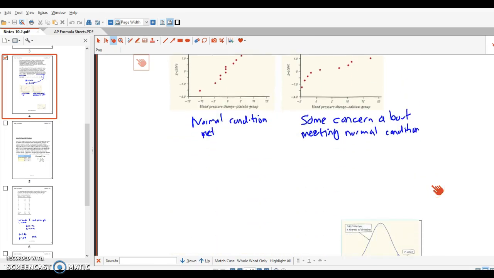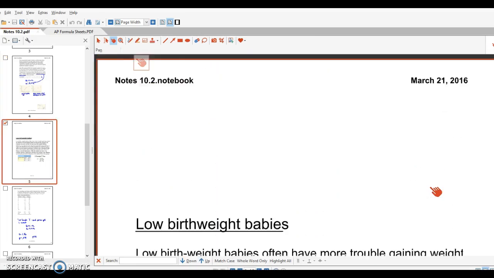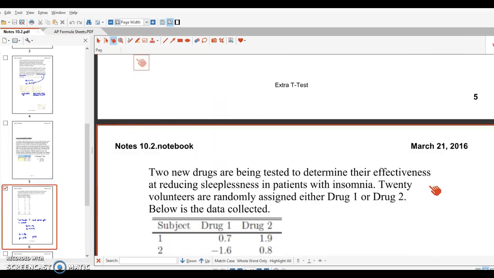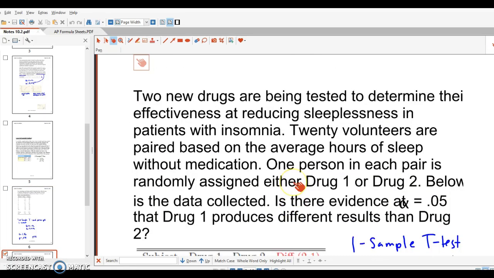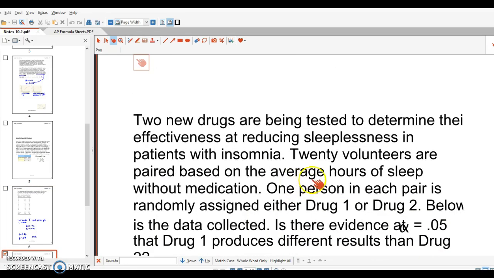Okay, take a minute and look at your OneNote notes. There are a couple of examples. We're going to skip the low birth weight babies one for a minute. There are two very similar examples. One where the data is given to you, where 20 volunteers were randomly assigned either drug 1 or drug 2, so two treatment groups, versus the other, where 20 volunteers are paired based on their average hours of sleep without medication.